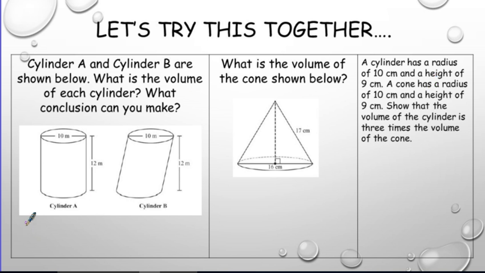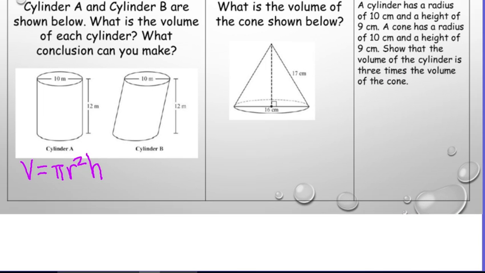So the volume of a cylinder, if you look at your formula sheet, is the area of the base, which is pi r squared, multiplied by the height. So I'm going to find the volume of cylinder A. Radius is 5 because the diameter was 10 and the height is 12.